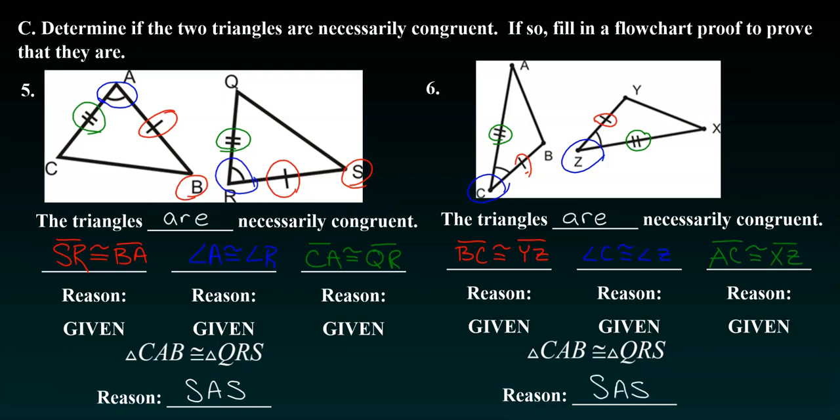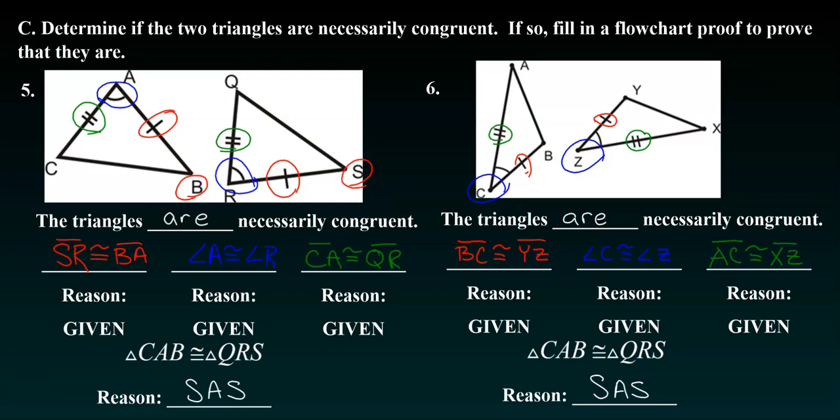All right, so if we look here, there's a side that I circled in red. That's side BC, and that's congruent to side YZ. And there was an angle that I marked in blue.